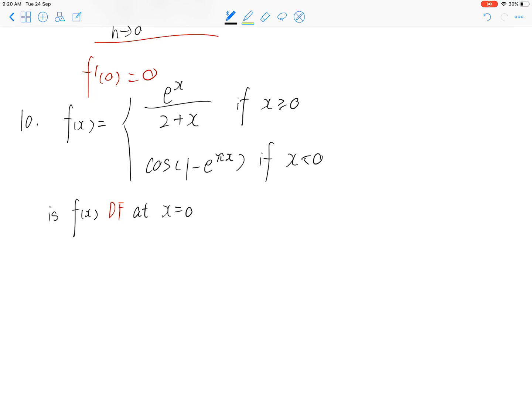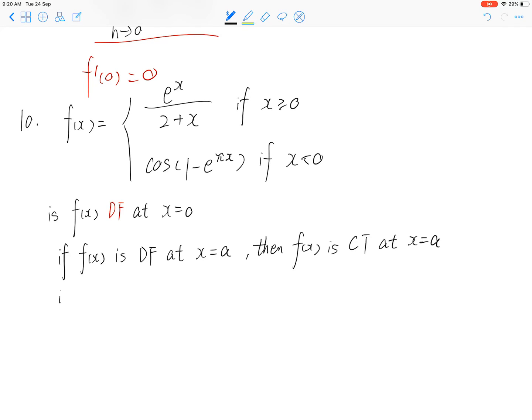Okay, so we have this corollary to use. If f(x) is differentiable at point a, then f(x) is continuous at this point.